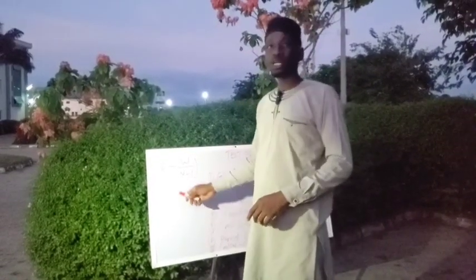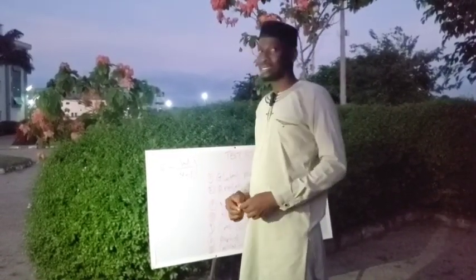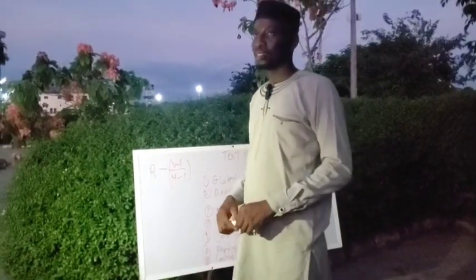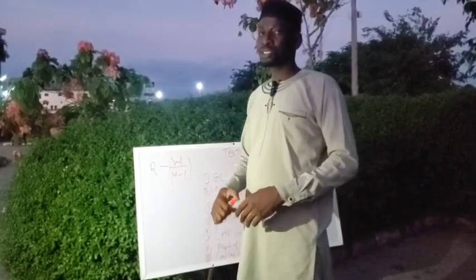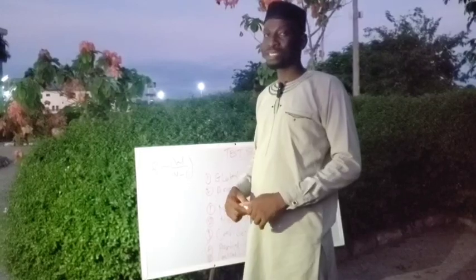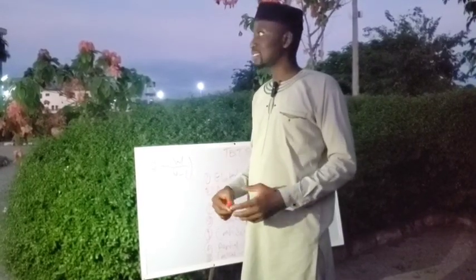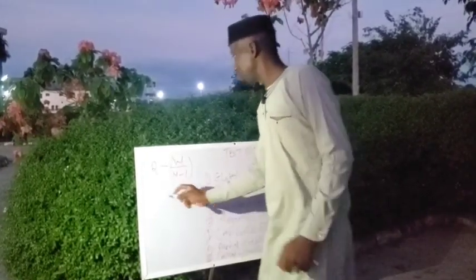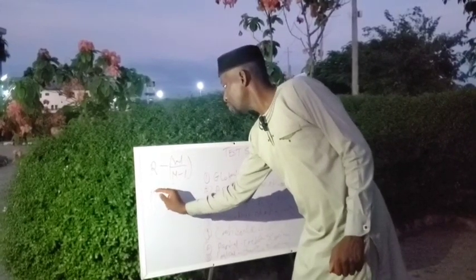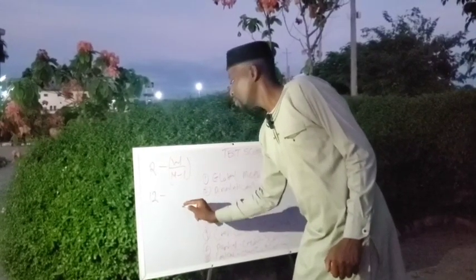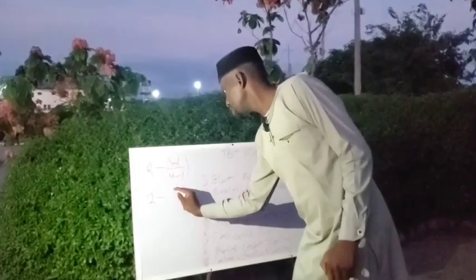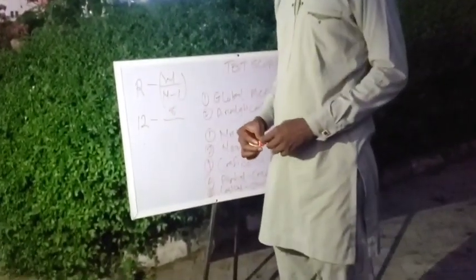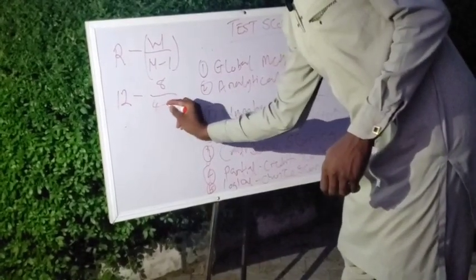So when you are using correction for guessing, for example, hypothetically, in a 20 item test, somebody scored 12 correctly and guessed in 8 but missed it. That implies that your R is 12, your W will be 8. Because it's a 4 option, A to D, your N will be 4.